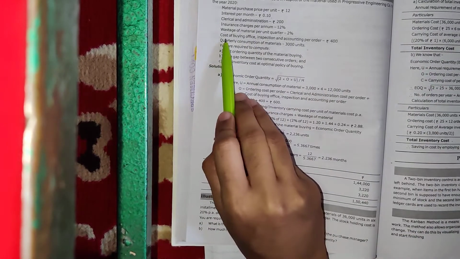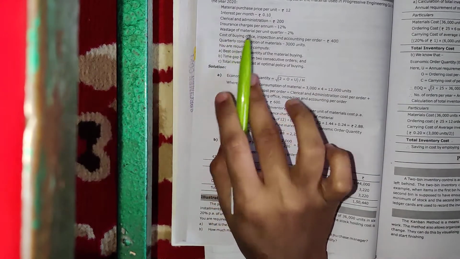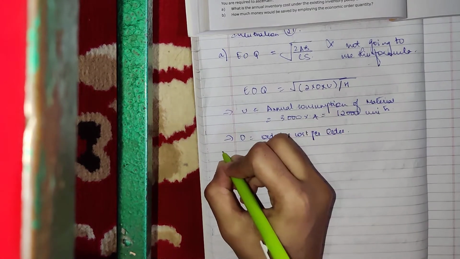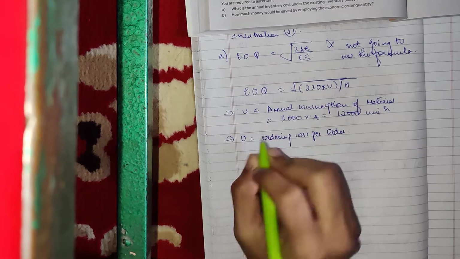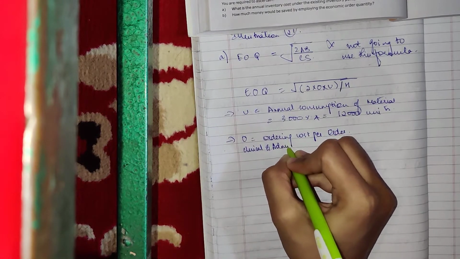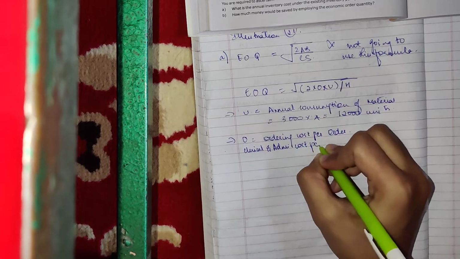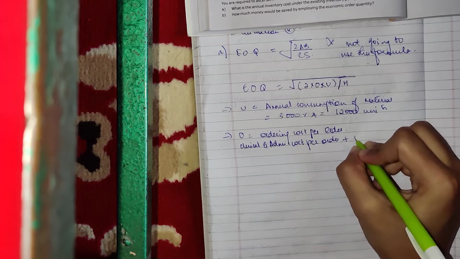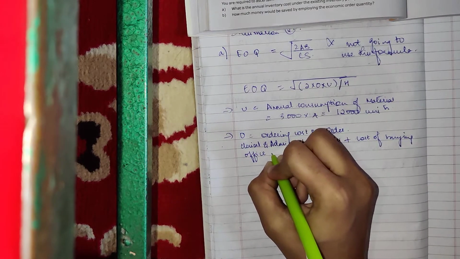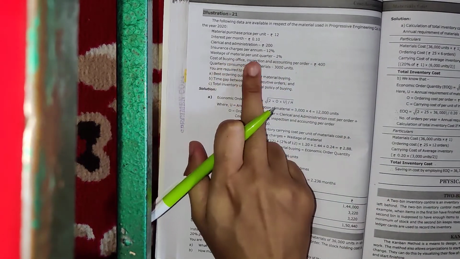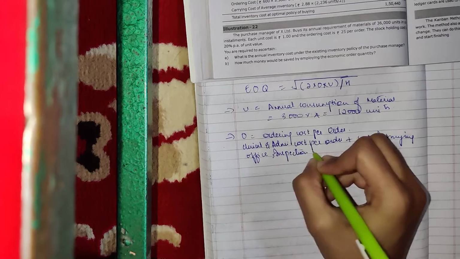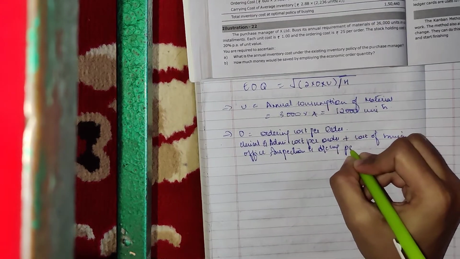Your ordering cost is composed of the clerical and administration cost per order, plus the cost of buying office inspection and accounting per order.